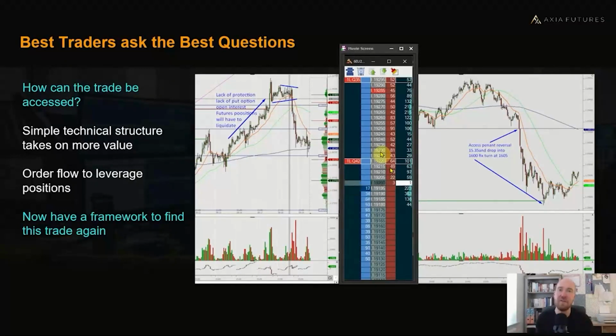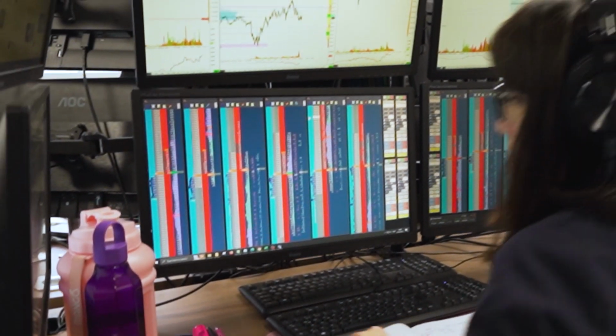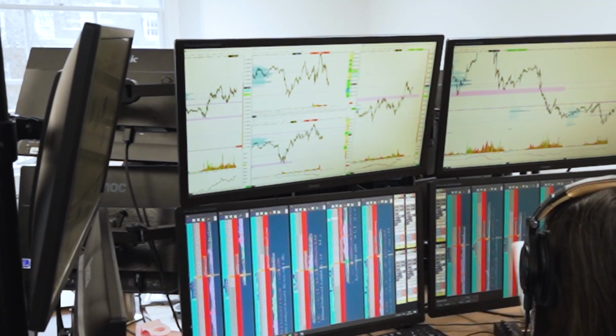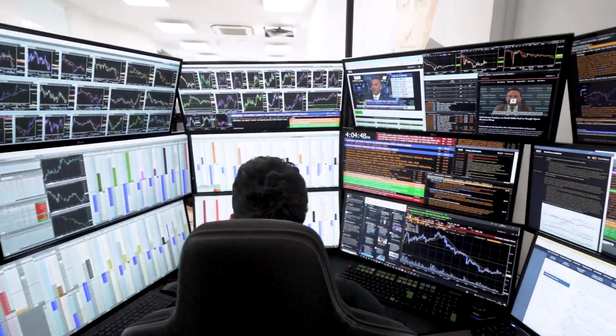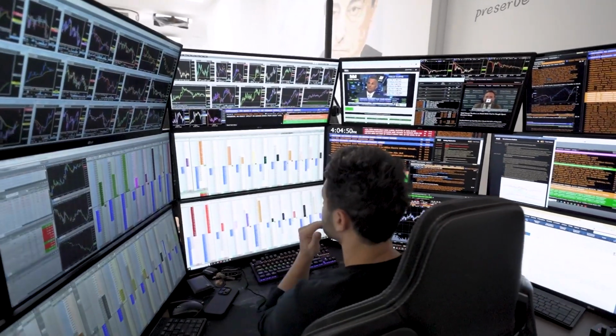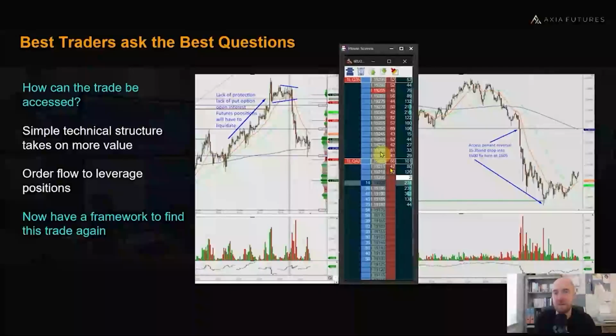And this comes from asking the right questions. Simply having a bit of information is not enough. You've got to ask the question about, okay, well, what does this mean for the move? What does this mean in terms of how I actually enter the trade, how I leverage the position that I'm getting into? What does this mean for my expectations of how the trade will actually play out? They're the questions that you've got to ask.